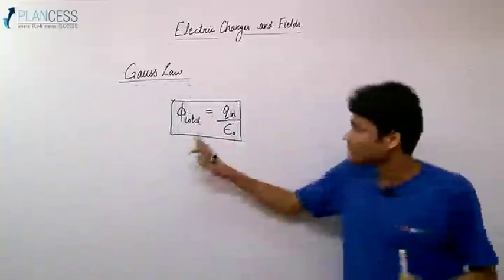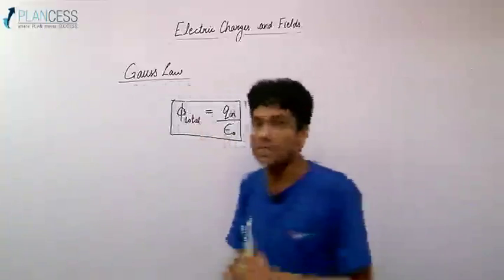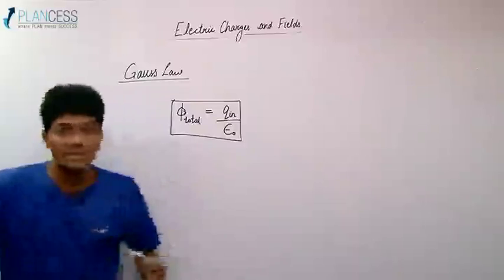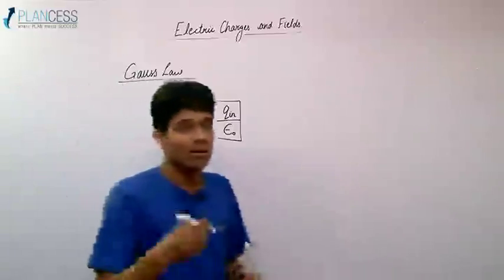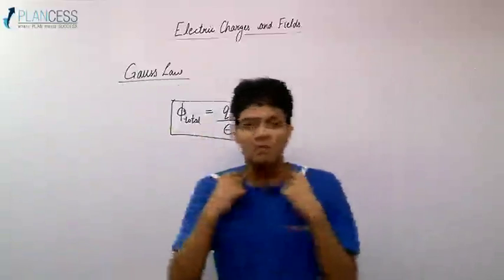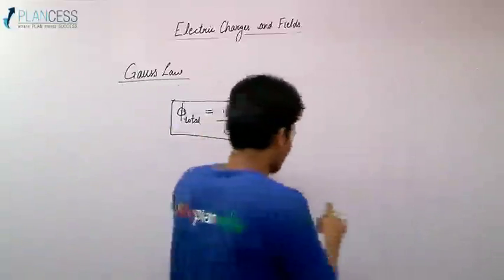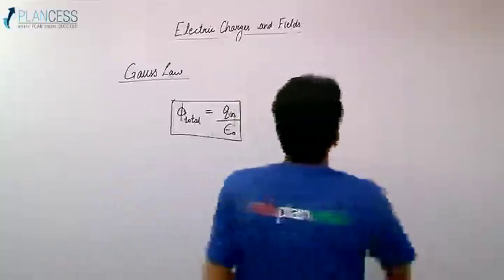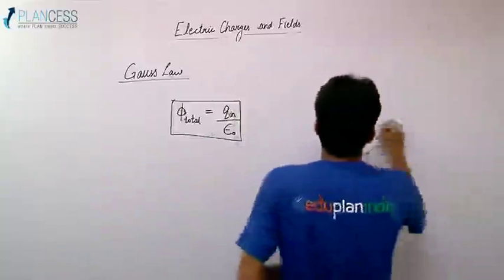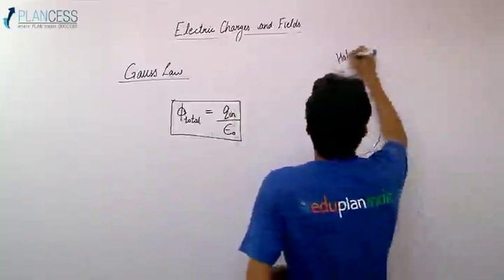So this is the statement of Gauss law. Now let's apply this statement of Gauss law and verify the formula which we got before for the electric field. Let's first talk about the hollow shell. As I told you, I'll be deriving it, the hollow sphere.